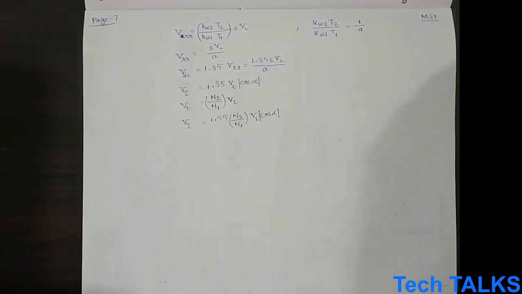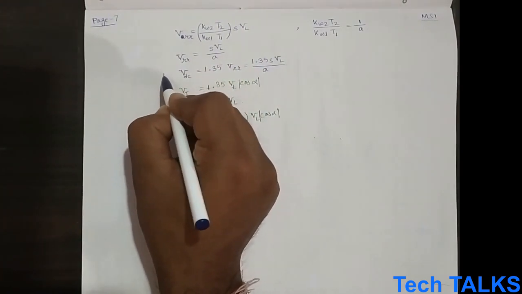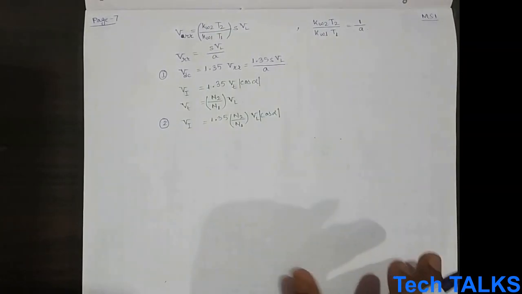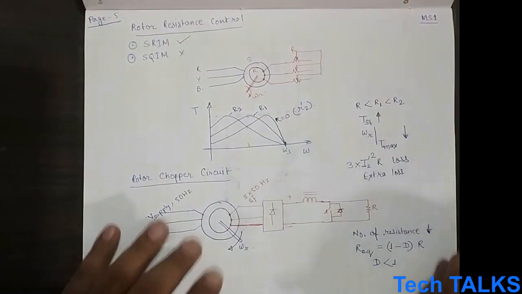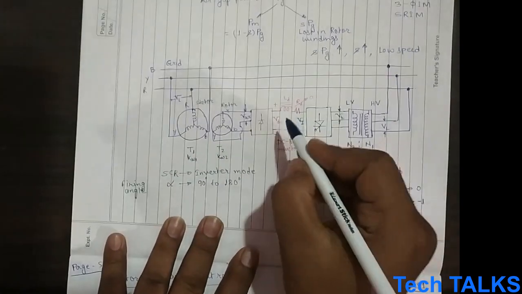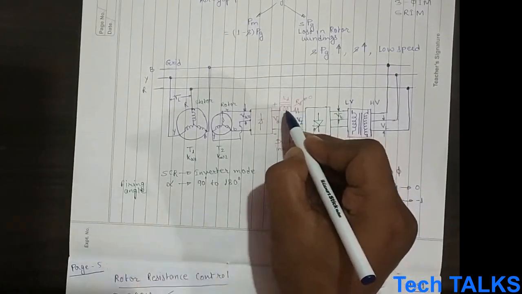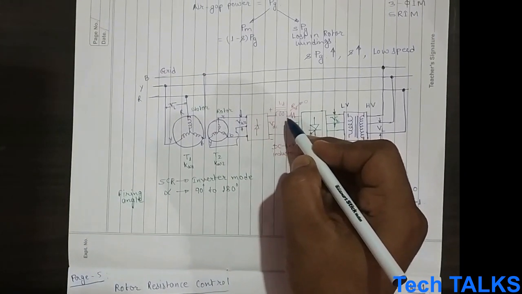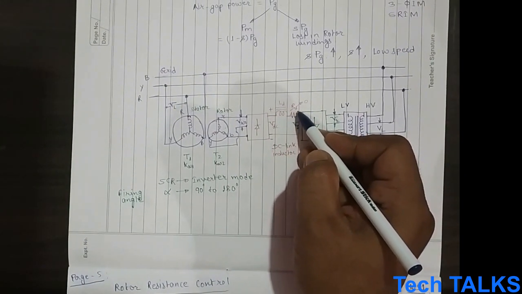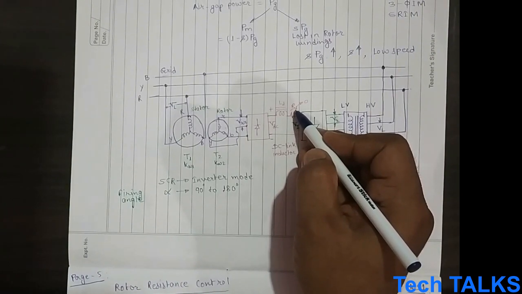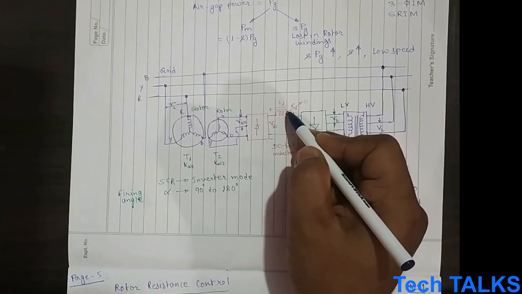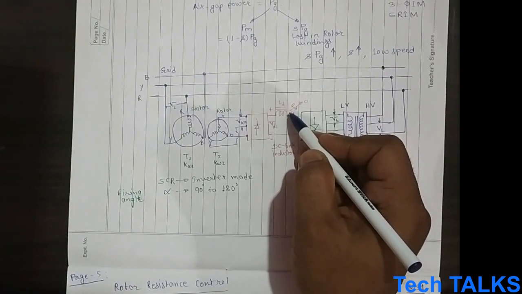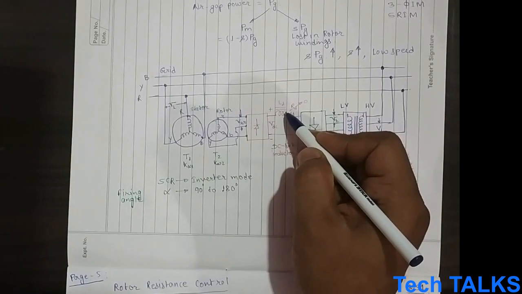So we have got two equations. One is this VDC and the other is this VI. If you look at the figure, there are two components in between VDC and VI: one is this inductor and another one is this resistor. If you neglect this resistor, then no power is lost in this inductor, because inductor and capacitor are lossless components.